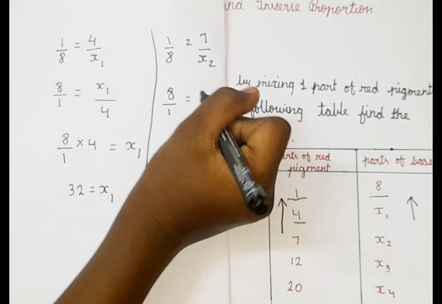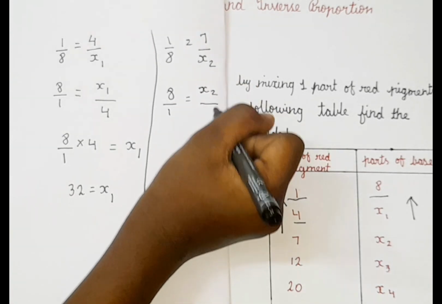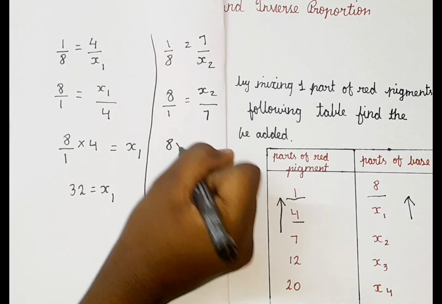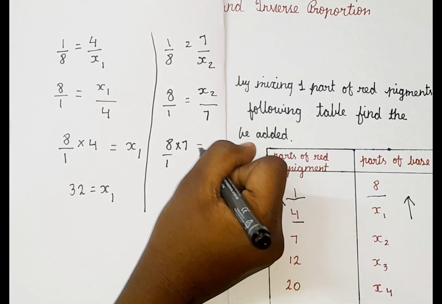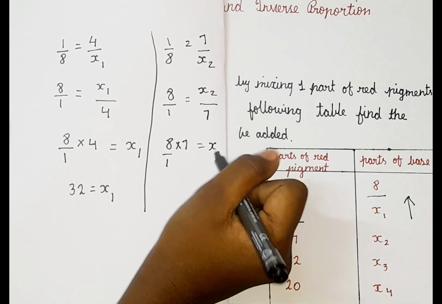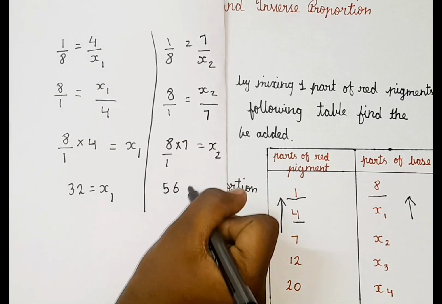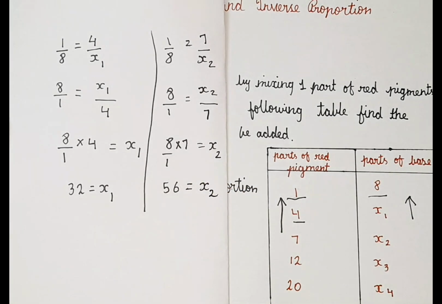Don't forget the reciprocal method, that's really an important step. So 8 into 7 is equal to x2. 8 7s are 56. So the x2 value is 56. So finally we found the x1 and x2 values. But still, don't forget, we have to find the x3 and x4 values.